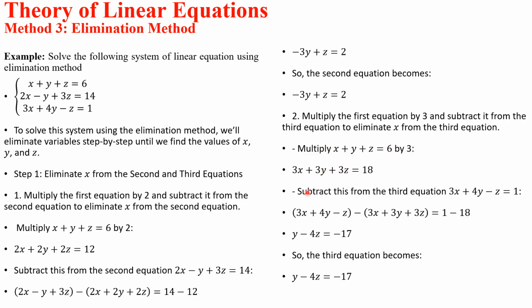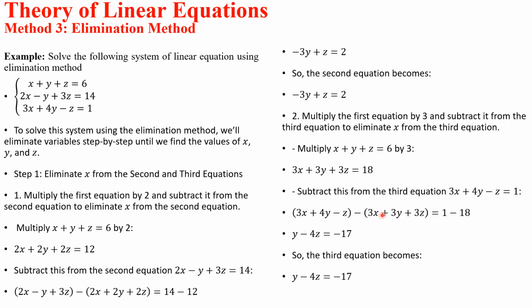And when we subtract it from this, we want to subtract this from this, and that is what we have tried to do here. We've written down what is on the left hand side minus what is on the left hand side here, and what is on the right hand side, which is 1, minus what we've got here, 18.